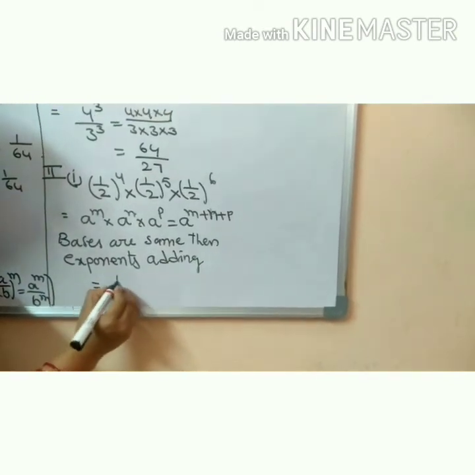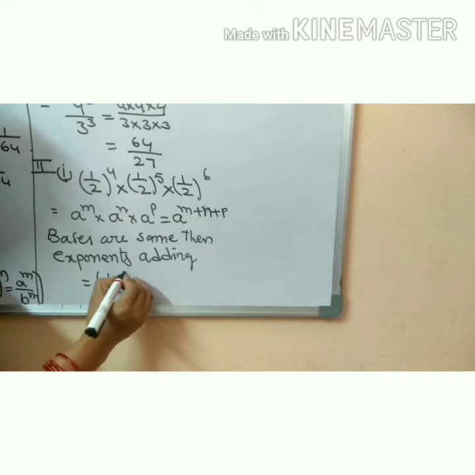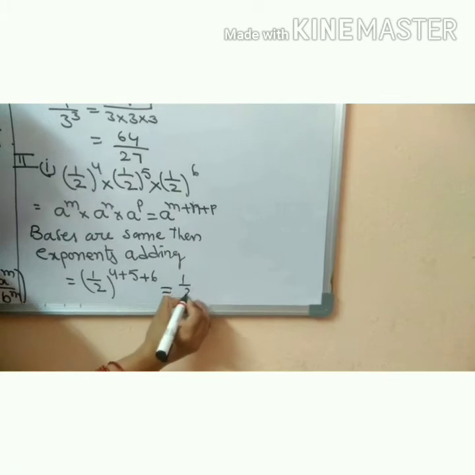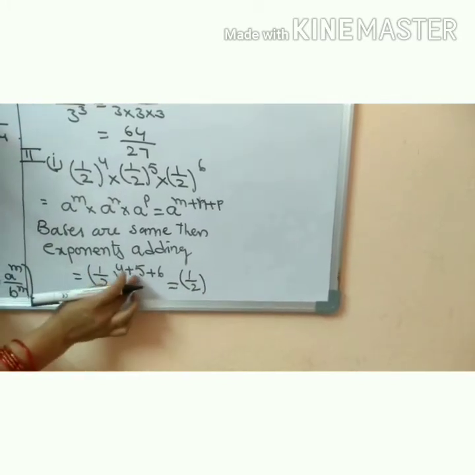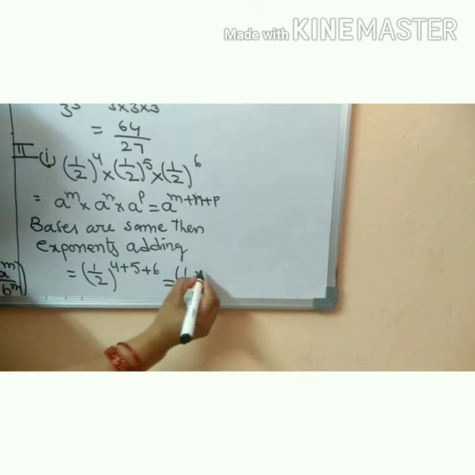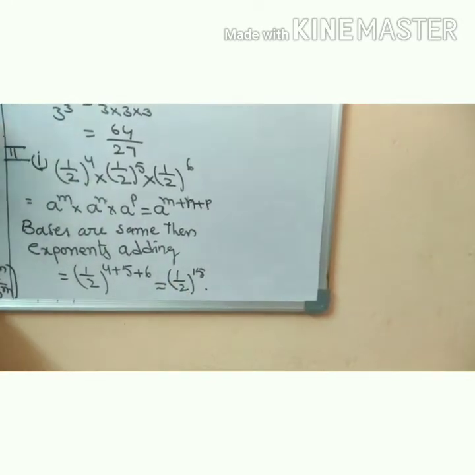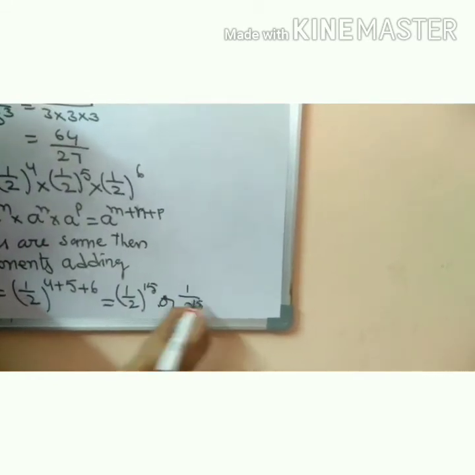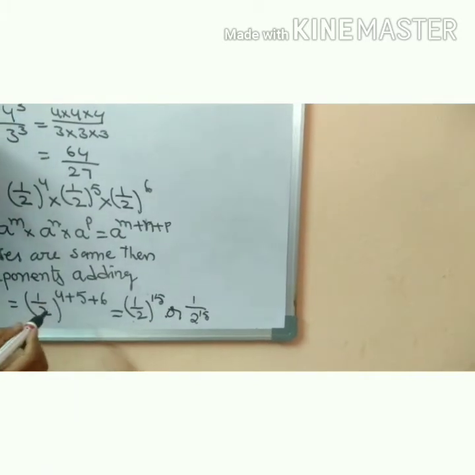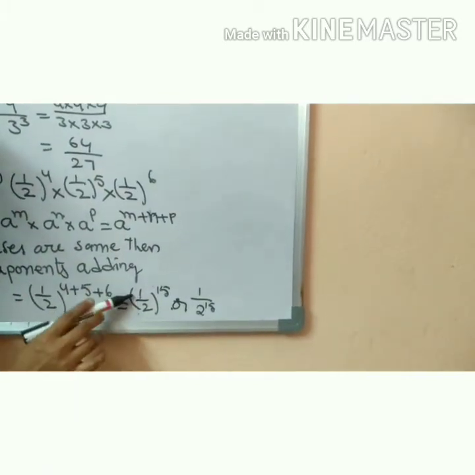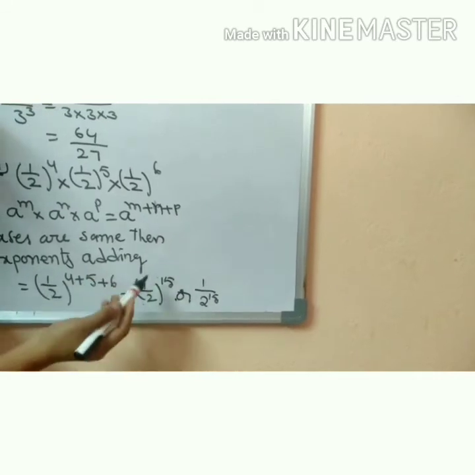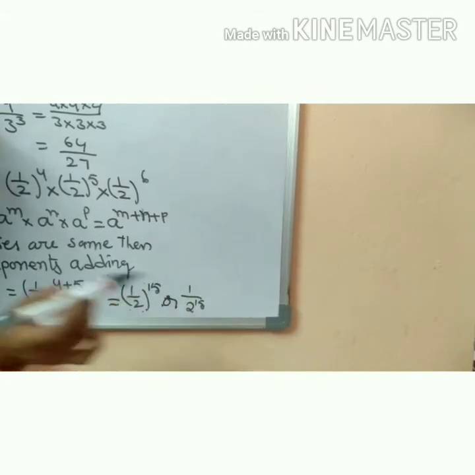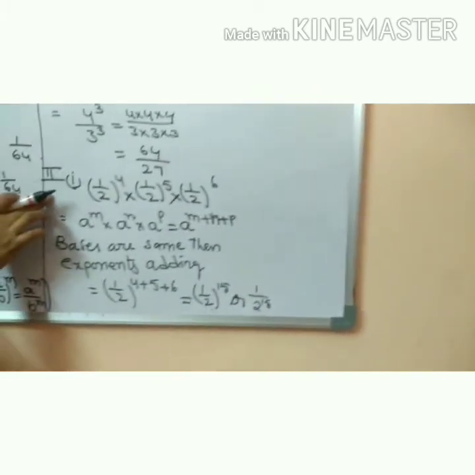So write 1 by 2 whole power 4 plus 5 plus 6: 4 plus 5 is 9, 9 plus 6 is 15. So 1 by 2 power 15. Here we write a by b whole power m as a power m by b power m. 1 raised to any power, 15, 16, 20, the value is 1. So 1 by 2 power 15. It is the second Roman numeral, first one.